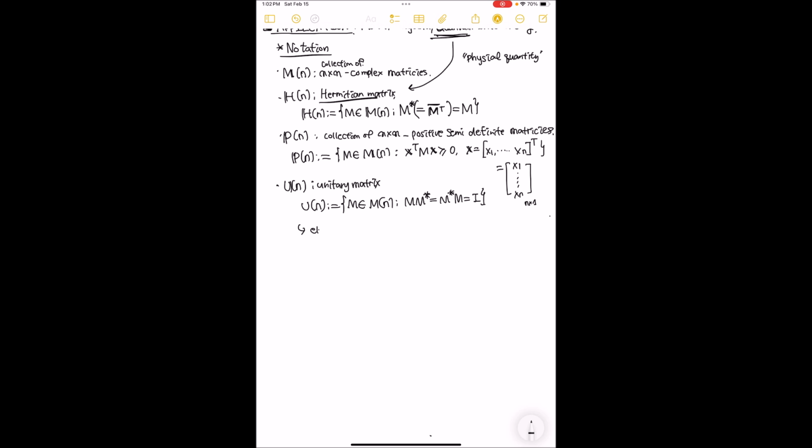If the elements of the matrix are real numbers, that is On, the orthogonal matrix.